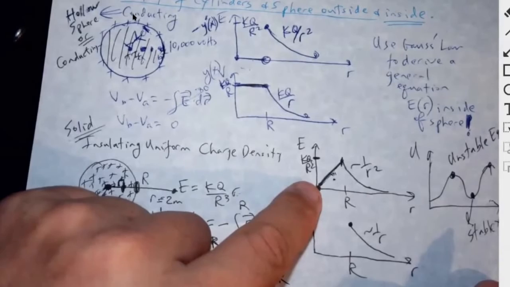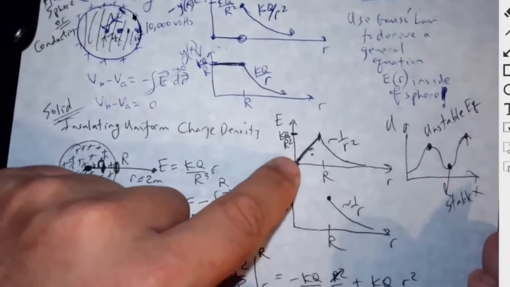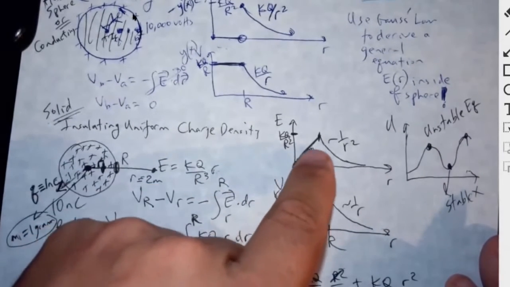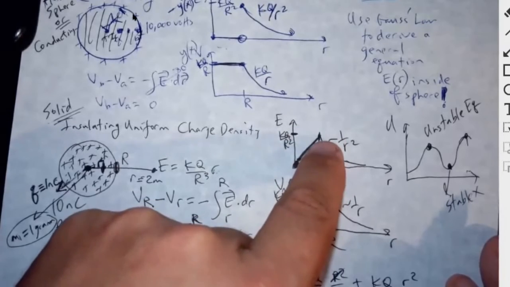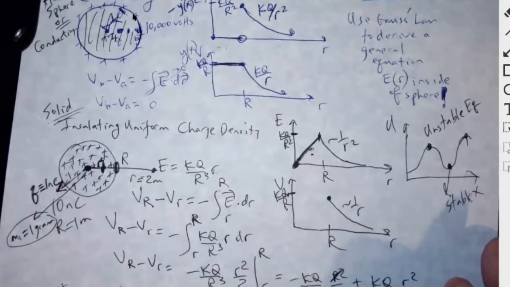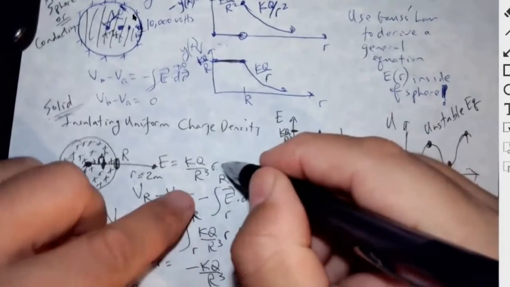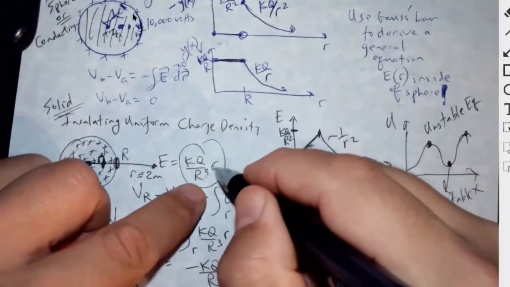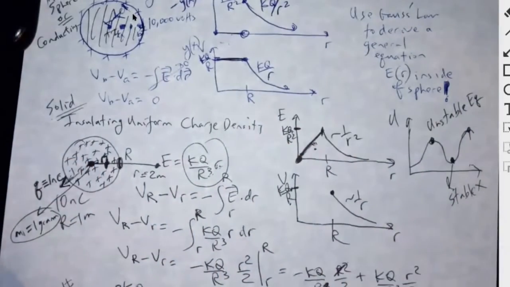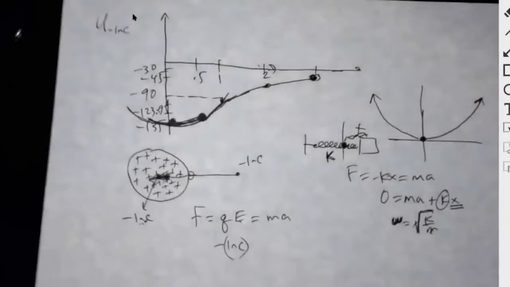Its electric field actually does follow that rule. It's linearly proportional to x. If it wasn't, I couldn't use that equation for omega. So it is linearly proportional, and its equation is kq over r cubed x. So I'm going to write that.